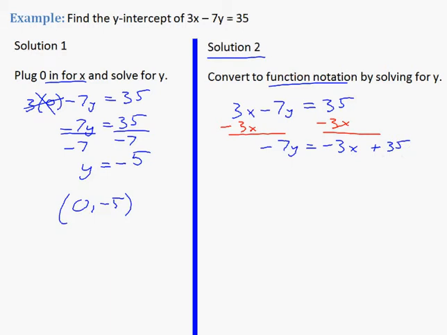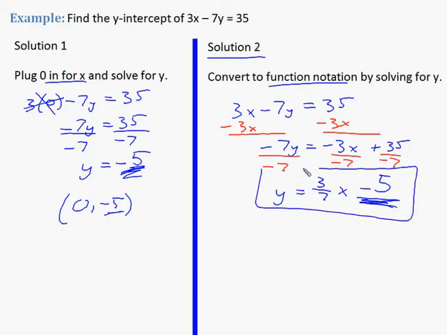And dividing each term, both sides really, by negative 7, we get y equals negative over negative is positive, so 3/7 x minus 5. And we notice here that our y-intercept is negative 5. And so we got the same thing, negative 5 and negative 5. This equation is going to be helpful later on because we can use that to graph.